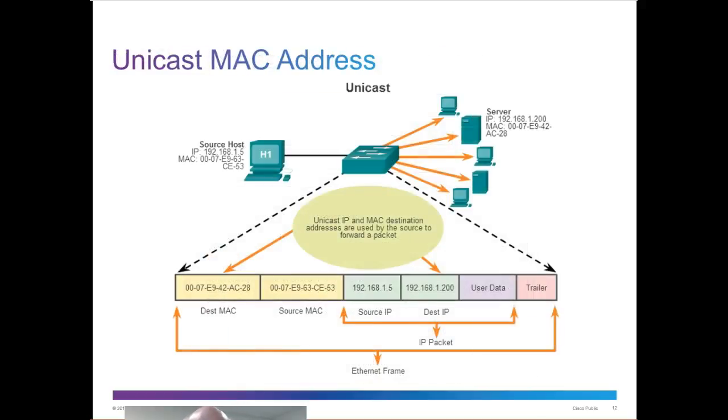Now, MAC addresses become unicast. So a source host, a computer or a printer or somebody who has a message for the rest of the network, if it's for one device on the network, it sends out a unicast to a specific address. So the destination is a certain device; others might hear it, but they'll ignore it, and then the destination device will get it. Now the IP address would be encapsulated inside the data, but the destination address won't get changed.